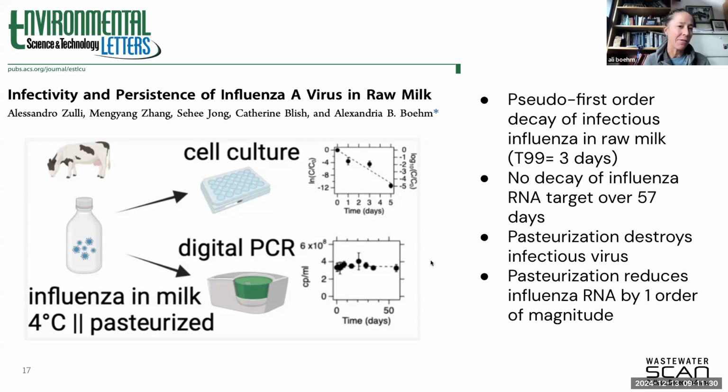We also tested the effect of pasteurization. As expected, it destroyed all the infectious virus. We cultured the virus with canine cells using a standard approach, but the pasteurization process only reduced the influenza RNA by 1 order of magnitude, documenting scientifically what we already know: pasteurization does not destroy the nucleic acid target that we look for in influenza. And so you can read more about it in the paper.